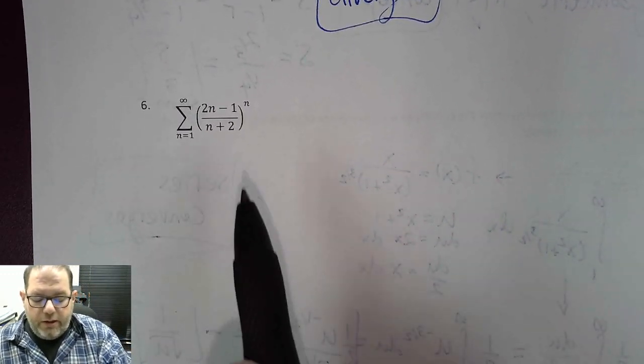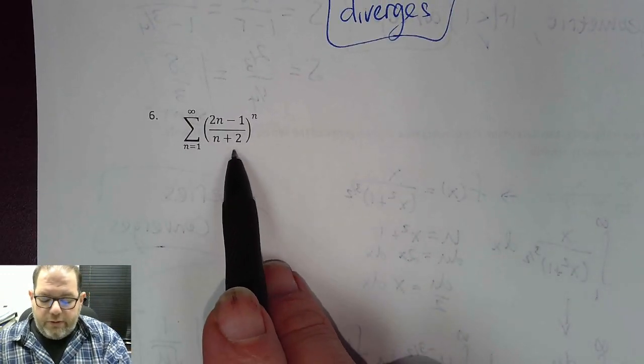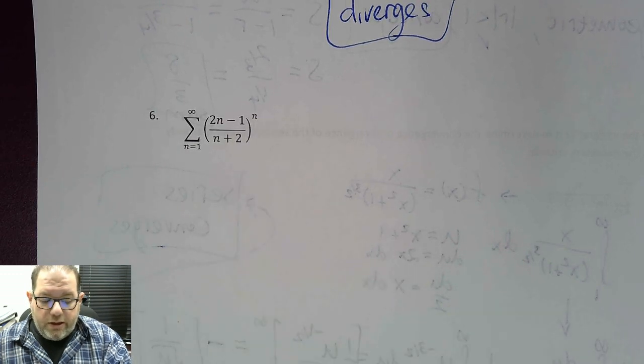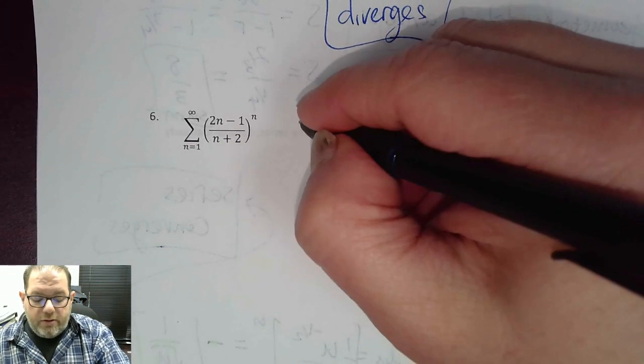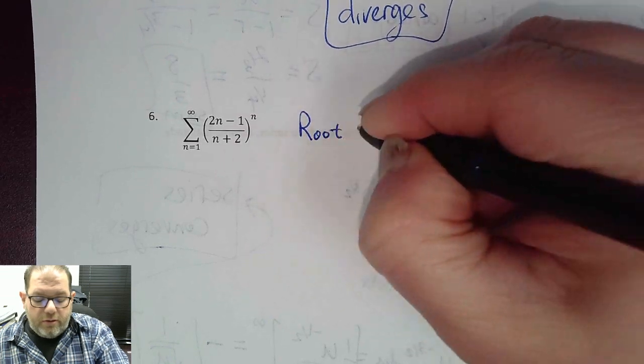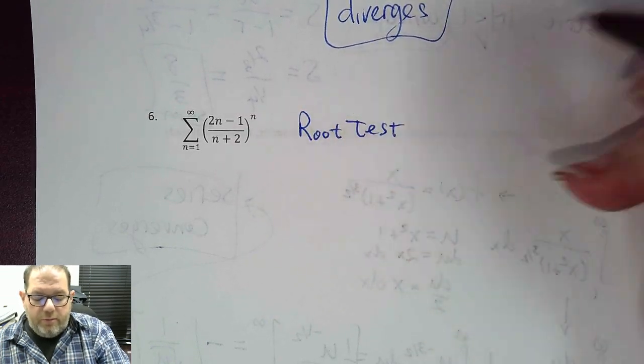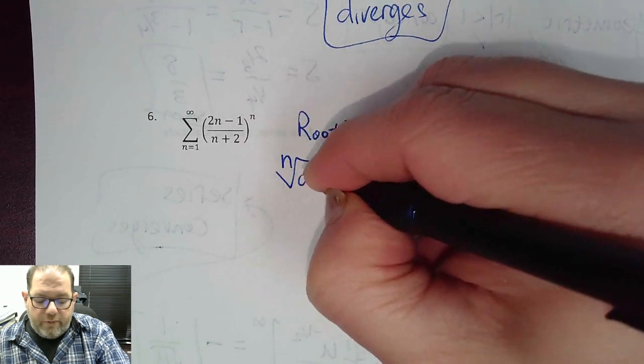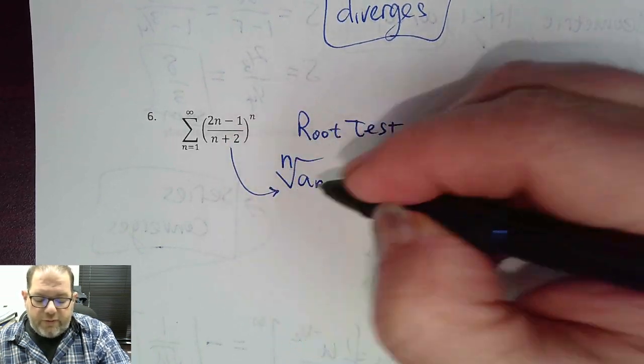Okay. Now, in 6, looking at this, the first thing I notice is that it's raised to the nth power. And the fact that it's raised to the nth power tells us we should try to use an nth root test, the root test specifically. Because in the root test, we take the nth root of a sub n, which is the expression inside here.